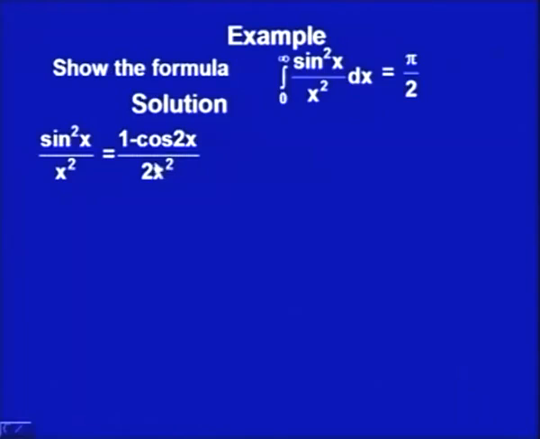Now we have two integrals: one is 1 upon 2x square, minus the integral of cos 2x upon 2x square. So one function is a rational function, 1 upon 2x square, and the other is a rational function multiplied with cos or sin. But rather than evaluating it as two integrals, I would evaluate it as one integral, of the function f(x), which is rational, p(x) upon q(x), where p(x) is 1 minus cos 2x and q(x) is 2x square.